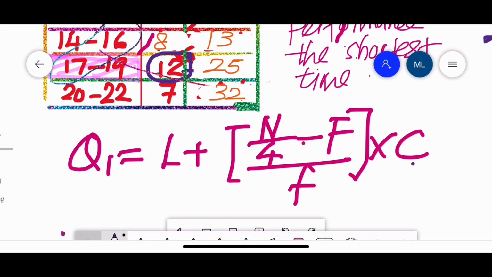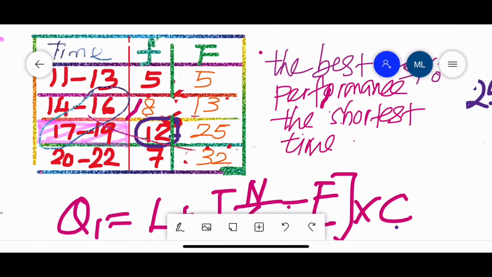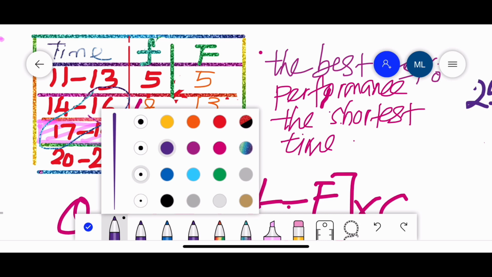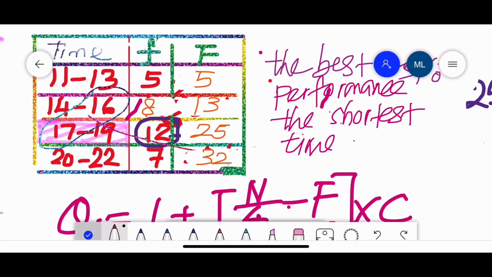Alright, so for the first quartile you have to find the frequency, how many of the athletes first. First quartile means 1/4 of the total. 1/4 means 1 over 4. 1 over 4 times 32, right? So you must know 1 over 4 times 32 is how many?